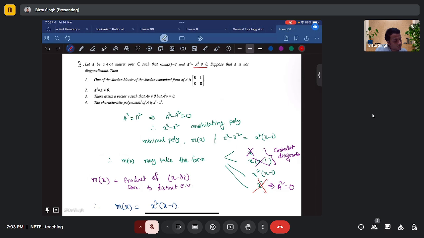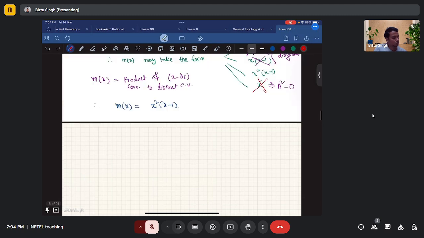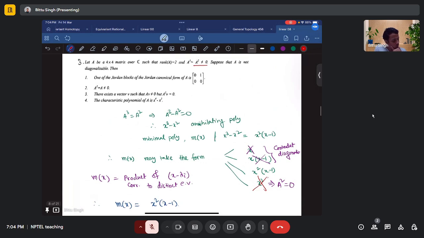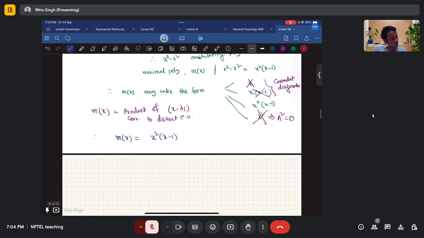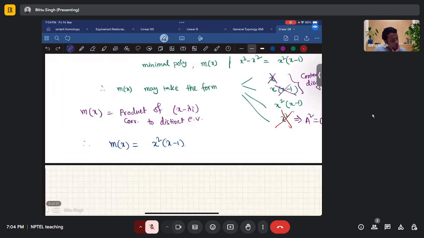Now, one of the Jordan blocks of the Jordan canonical form of A, from here, it takes this form. Okay. So we already obtained the minimal polynomial. Can we get the characteristic polynomial chi x?